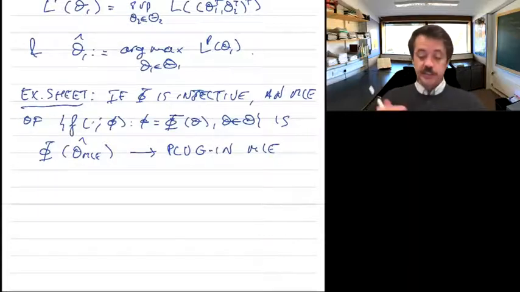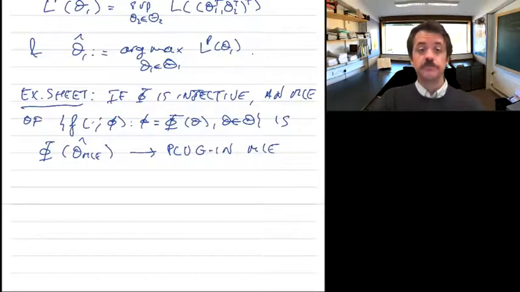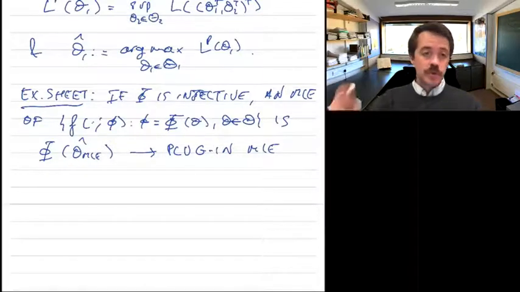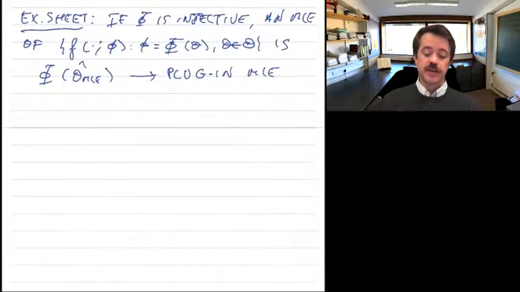At least we see now that if we have injectivity, then it makes sense, in the sense that this corresponds to the maximizer of the resulting likelihood after this reparameterization. So this is in some sense inherited, the fact that it is the maximum likelihood estimator.